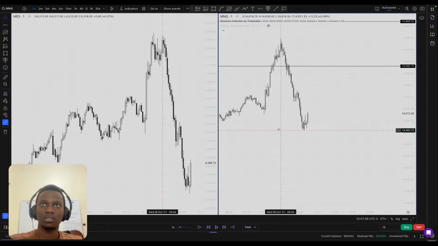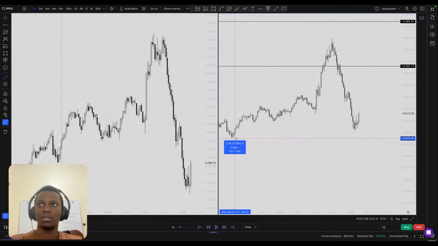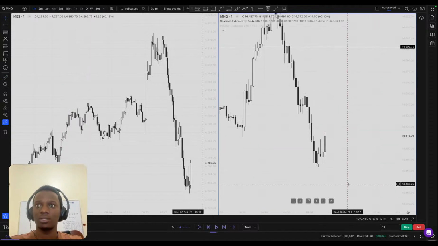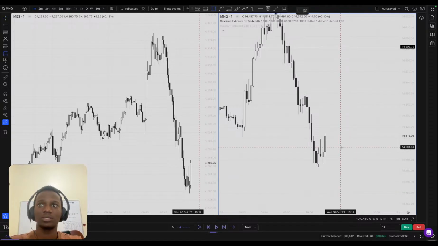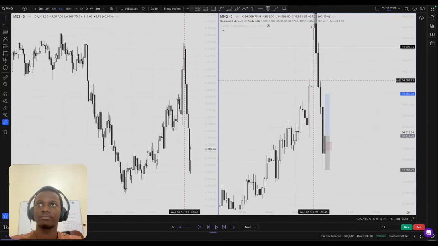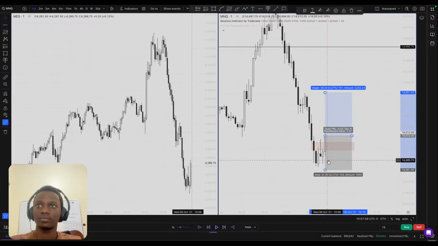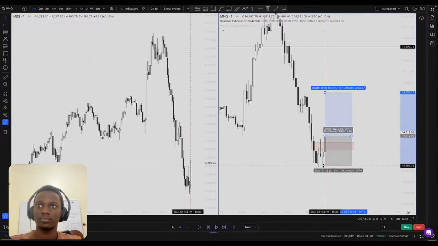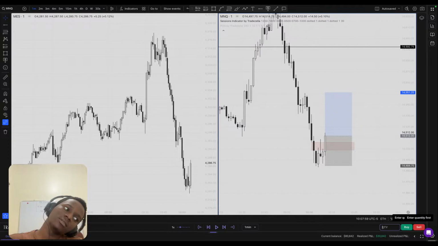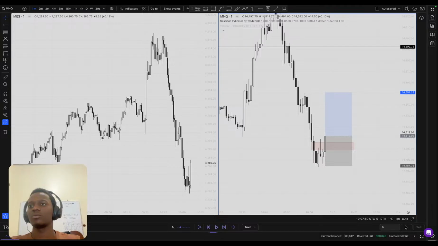Which low is it? This one, yeah. And now price is reversing higher. I think we can take some longs, but where to actually? So this will be around, is it 10, 8, 9? Yeah, it will be 9 micros.